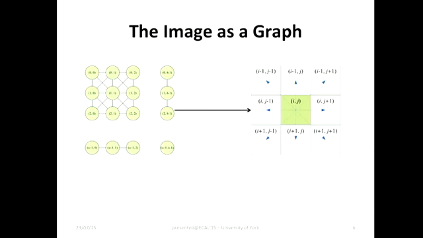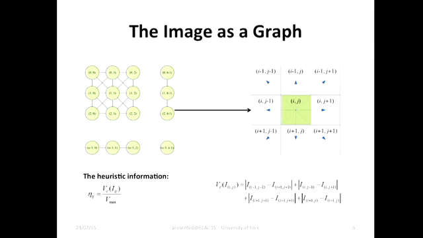For this problem, we define our heuristic information as follows. The heuristic information is first assigned to each pixel, and the heuristic information associated with pixel ij is computed using a function designed to compute the intensity variance between the surrounding pixels.